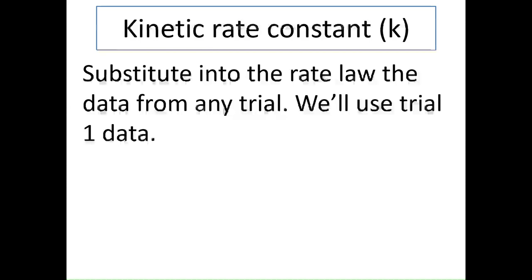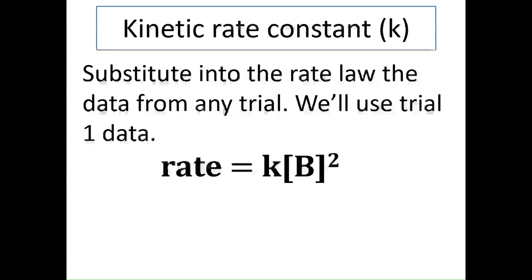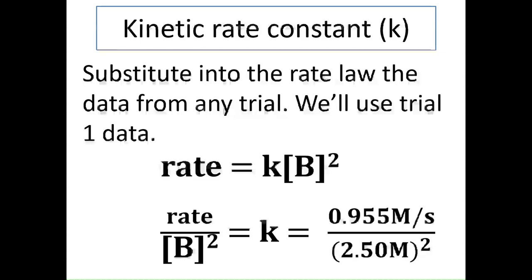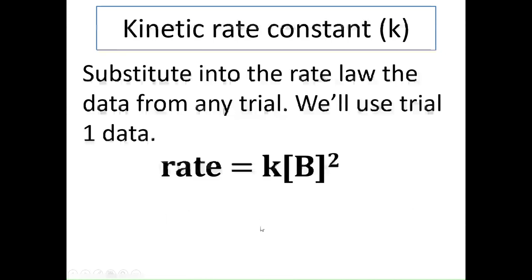We've determined the rate law, and we can use data from any trial, but I'm going to pick trial 1. And so I would be putting in what I know from trial 1. Oh, well, before I put it in, I'm sorry, I would rearrange to solve for K. So rearranging to solve for K, I would have to divide by the B squared on both sides, right?